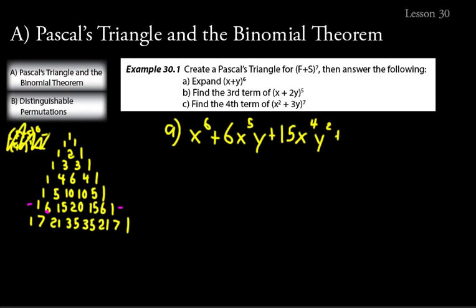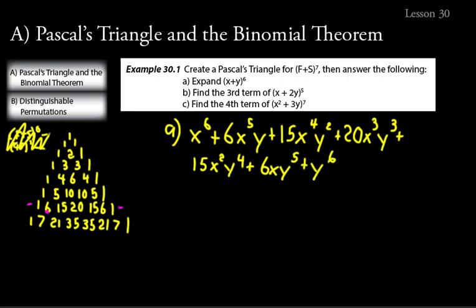And then plus 20 x cubed y cubed, plus 15 x squared y to the 4th, plus 6x y to the 5th, plus y to the 6th. And that's it. That's the expanded form there.